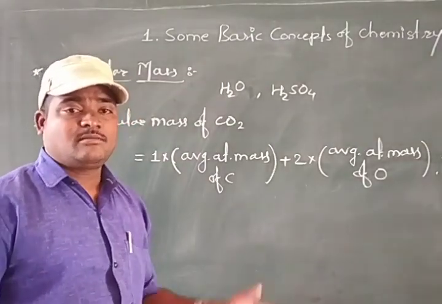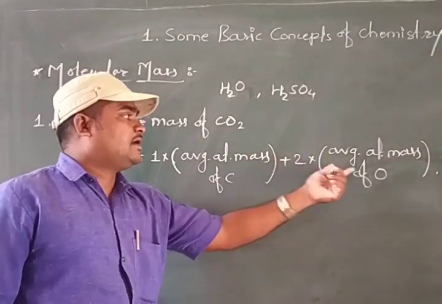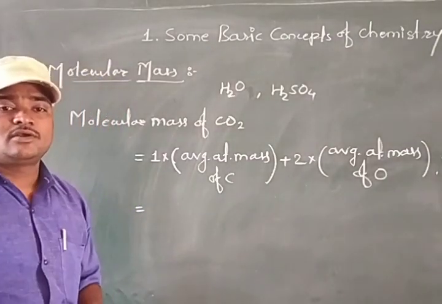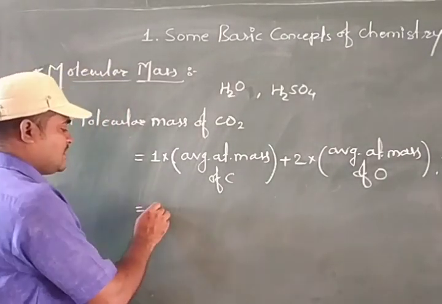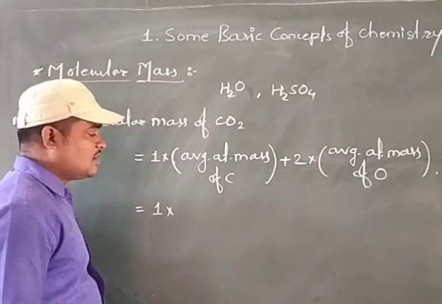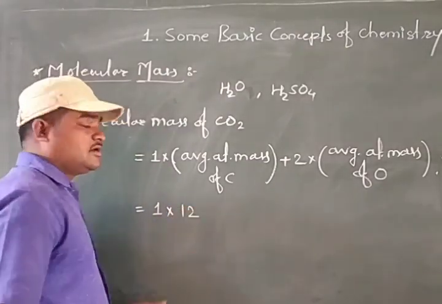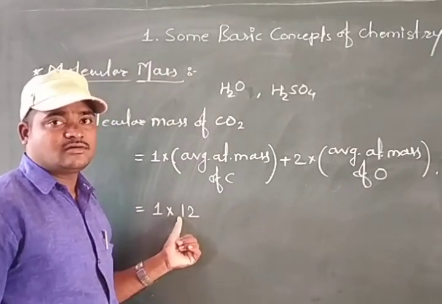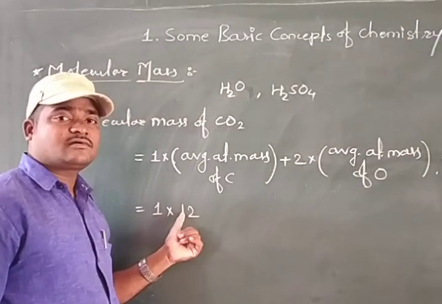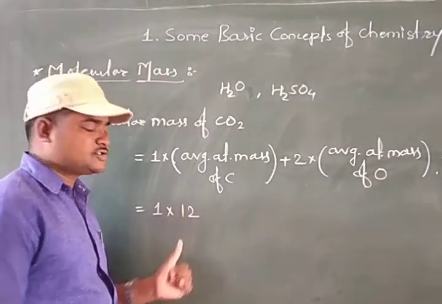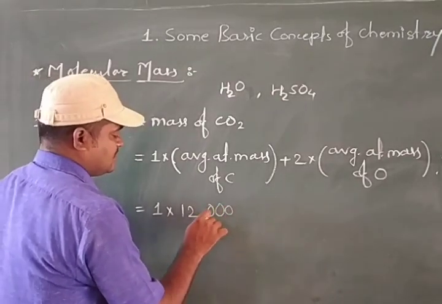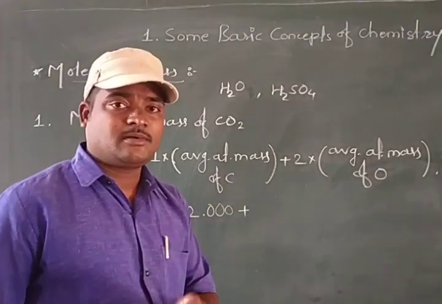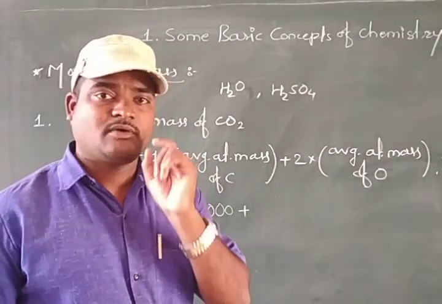So students, by knowing these two values, the average atomic mass of carbon and the average atomic mass of oxygen, we can calculate the molecular mass of CO2. So we can take their values: 1 multiplied by 12. All of you know that carbon-12 we have chosen as the internal standard, so the atomic weight of carbon will be exactly 12.00. In the periodic table, all the values are provided.